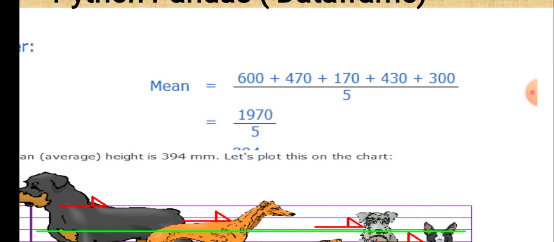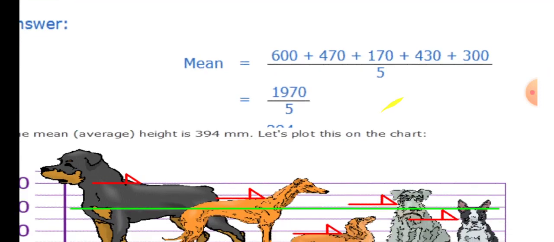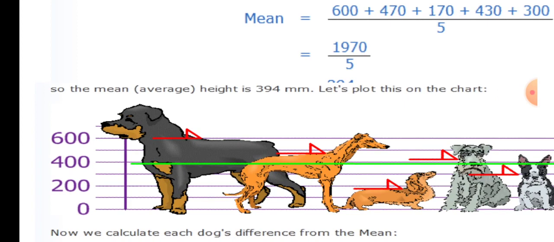So there are a total of 5 dogs, so we divide the sum, 1970, by 5. I think there is a misprint here, so you can calculate the mean by dividing 1970 by 5.